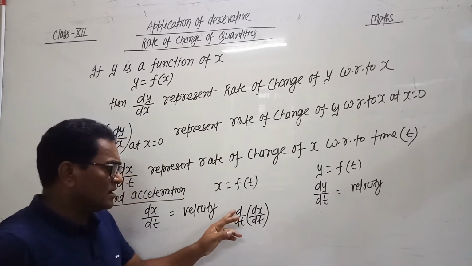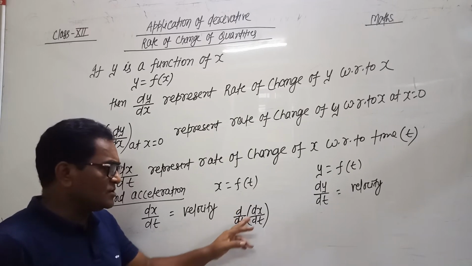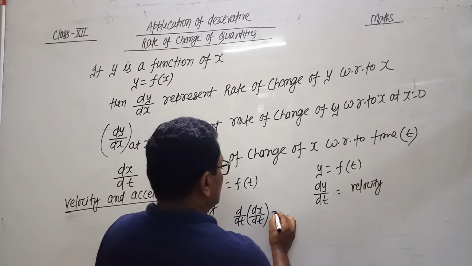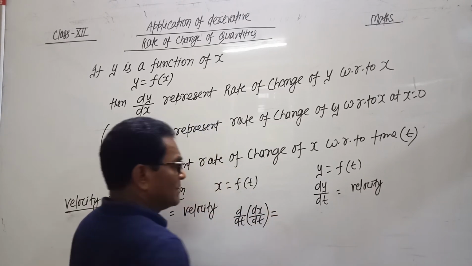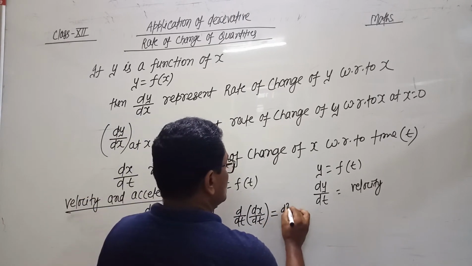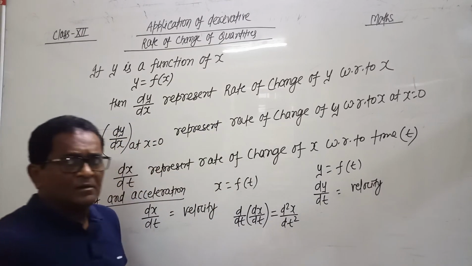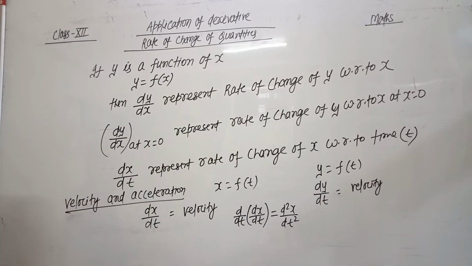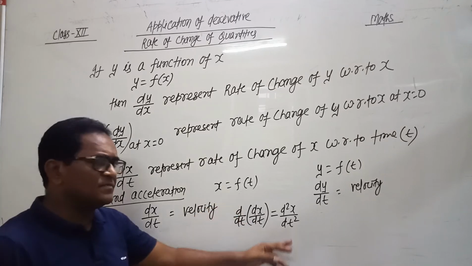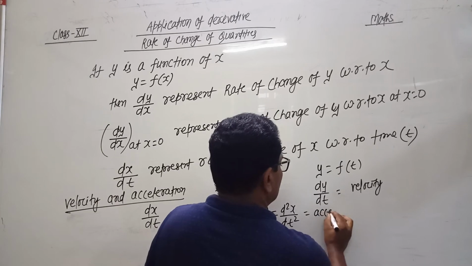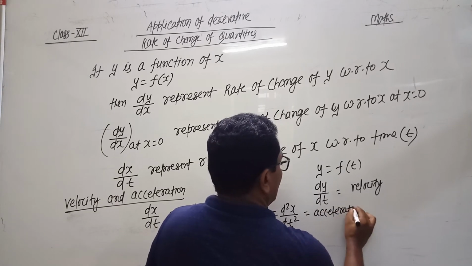This is rate of change of dx by dt. dx by dt means velocity. So this is the double derivative. We can write d2x by dt square. So double derivative of this function gives the expression for acceleration.